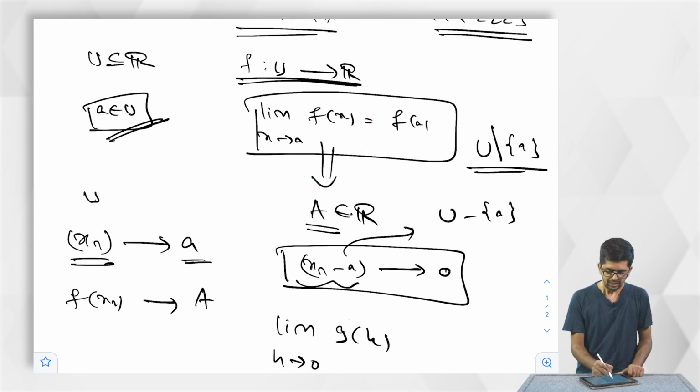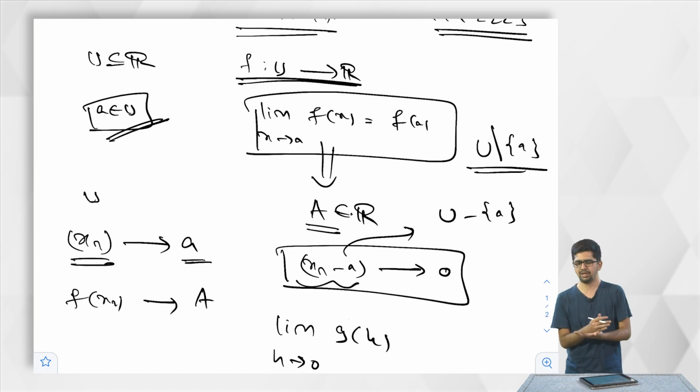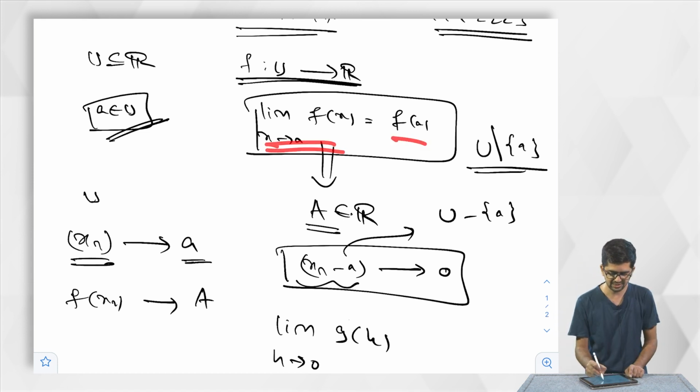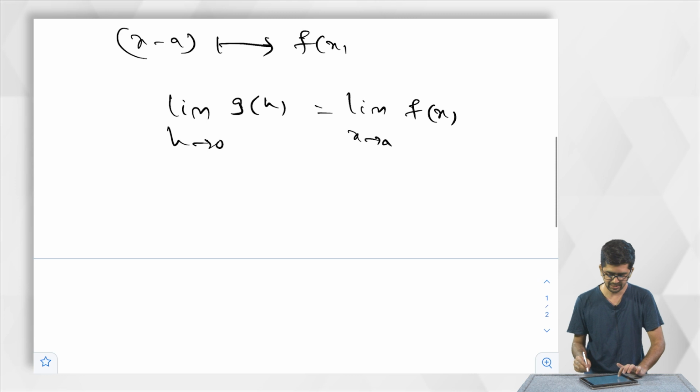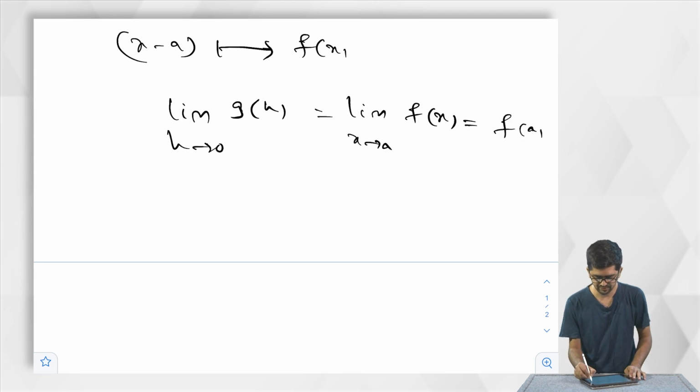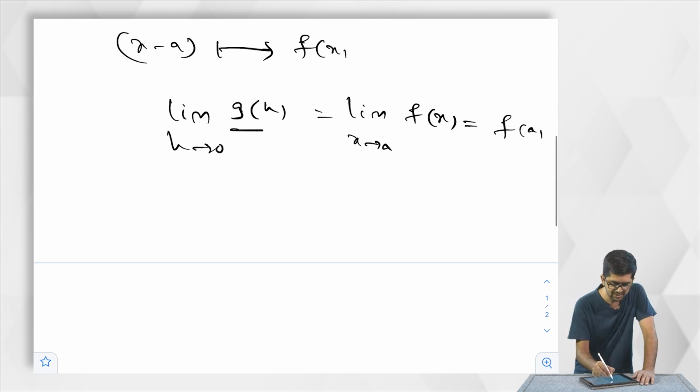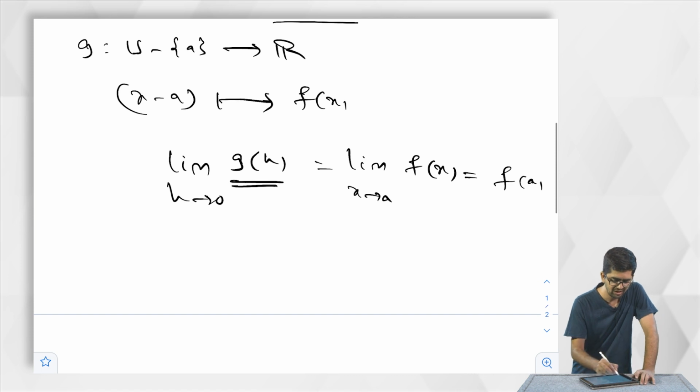Now, as I said, we are starting at the point where f is continuous. So this is actually the same thing as f of a. So here I am writing this as f of a. By the way, what is g of h? We defined g for elements of the form x minus a. What about an arbitrary element h?